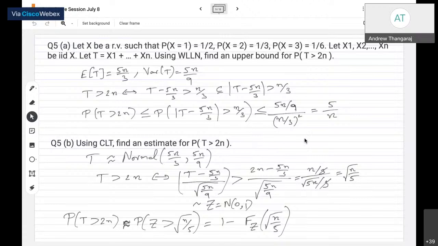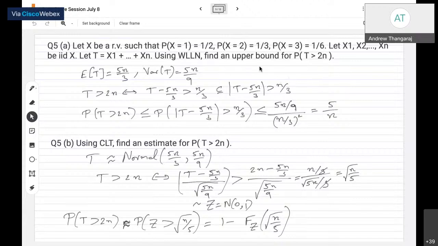Now the probability is in classic Chebyshev form. It's less than or equal to the variance of T, which is 5n by 9, divided by n by 3 squared. So 5 by n. This is the answer that you get when you do this straightforward application of the weak law of large numbers.